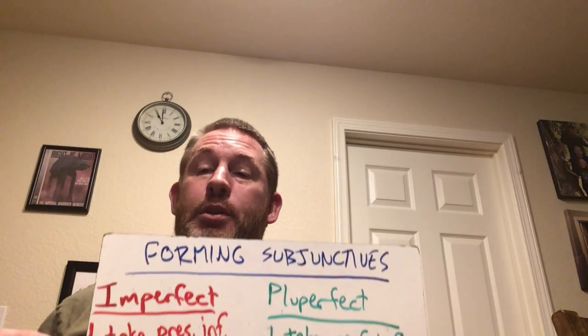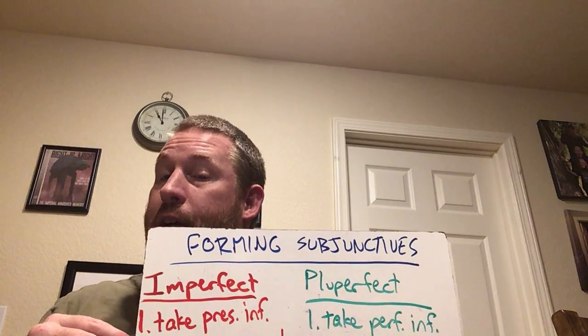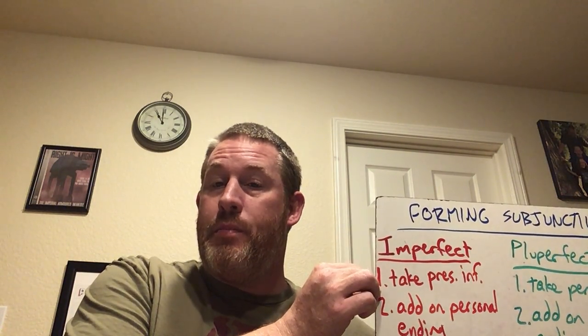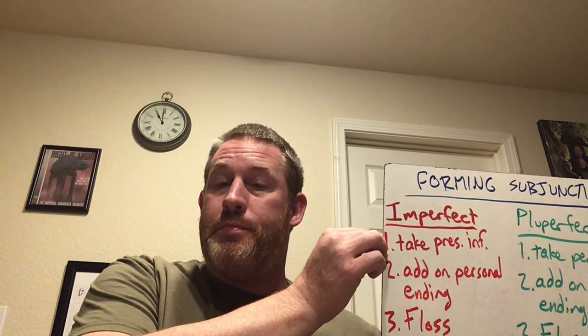So in the imperfect or the pluperfect, you're going to take an infinitive. Now in the imperfect, you're going to take, you know what, here's what we'll do. In the imperfect, you're going to take the present active infinitive, amare. Then you're going to add the personal endings.